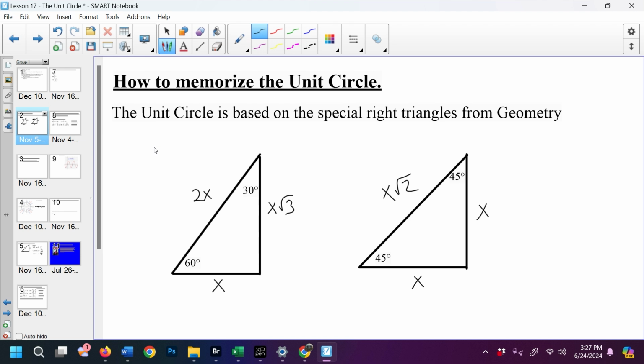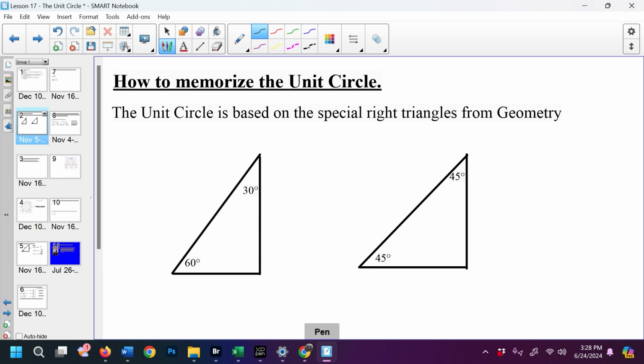Now, the unit circle is a circle of radius 1 unit long. In the unit circle, all of these hypotenuses are going to be of value 1. And so if I make the hypotenuse 1, the other sides change proportion, and it's fairly easy for us to see the values that we're going to use.